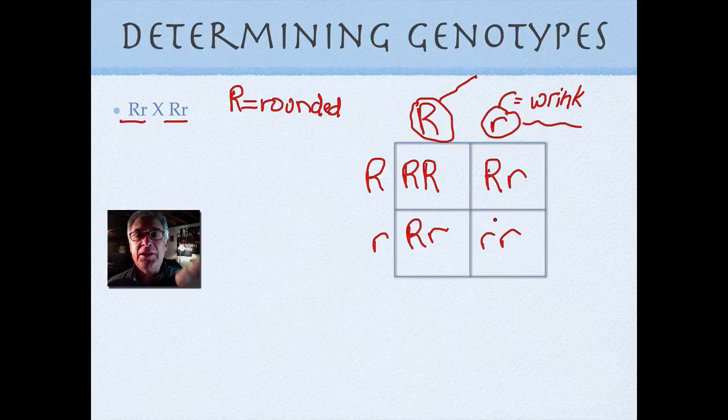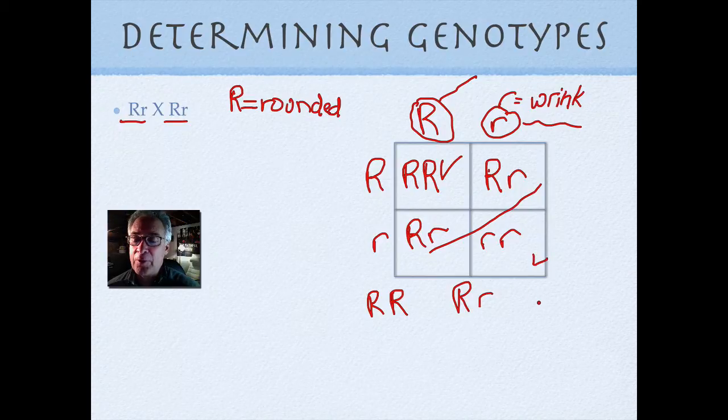If we break this problem down and look at the genotypes only, you're going to have big R, big R. That's one type, this individual right here in this quadrant. And then in these two quadrants, we have big R, little r. And in this quadrant, we have little r, little r.